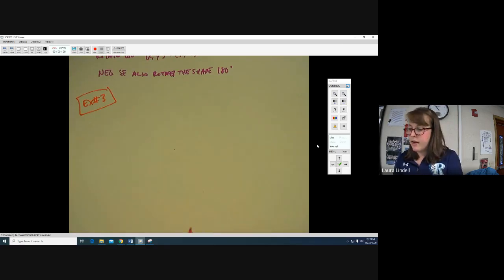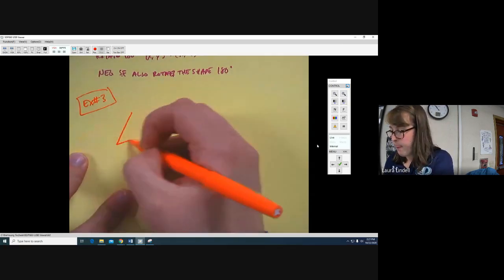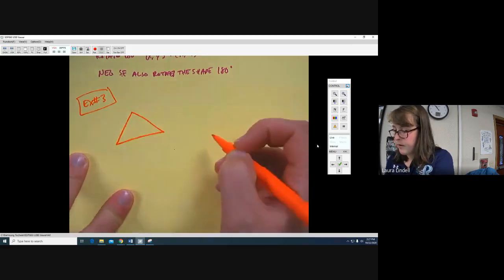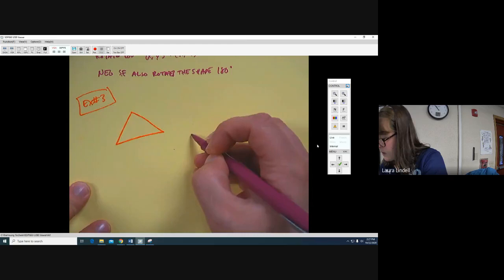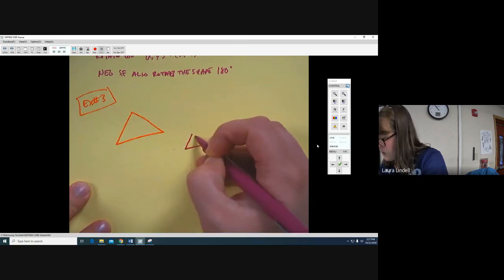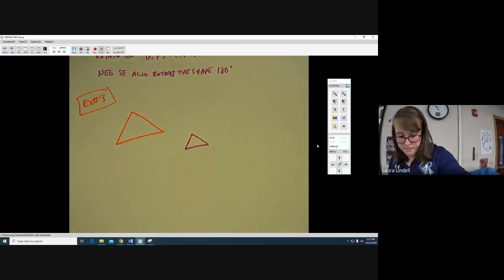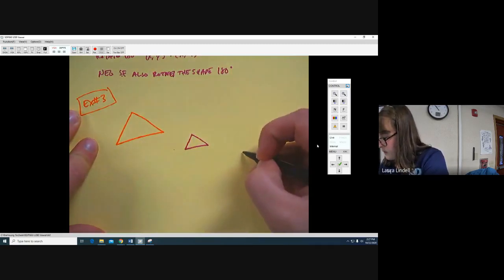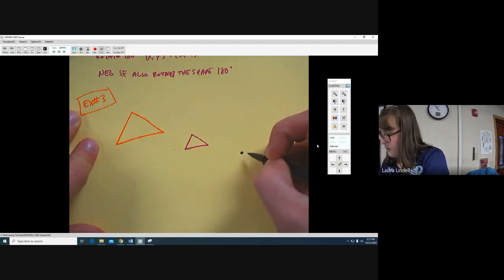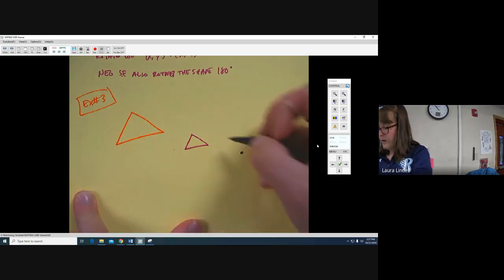So let's say I've got a shape and another shape that have been dilated about this point.